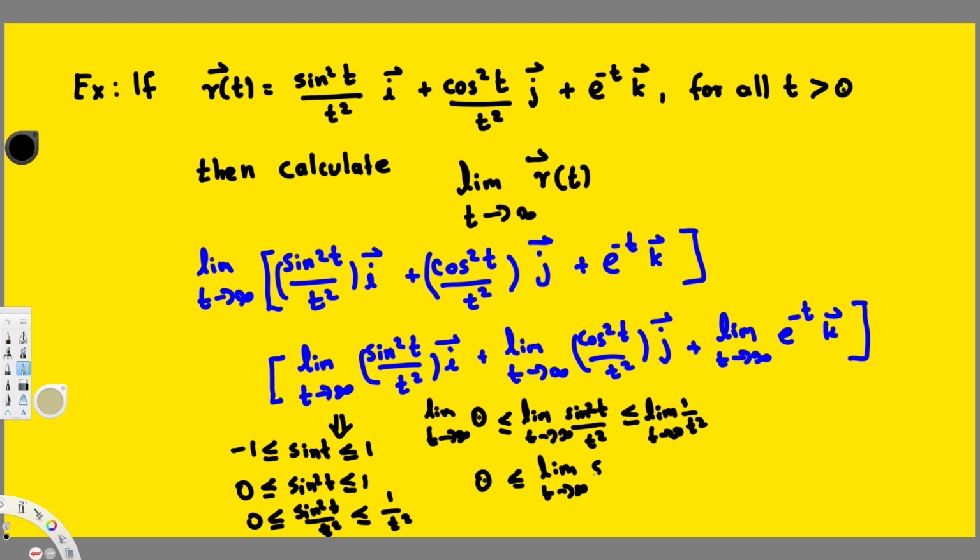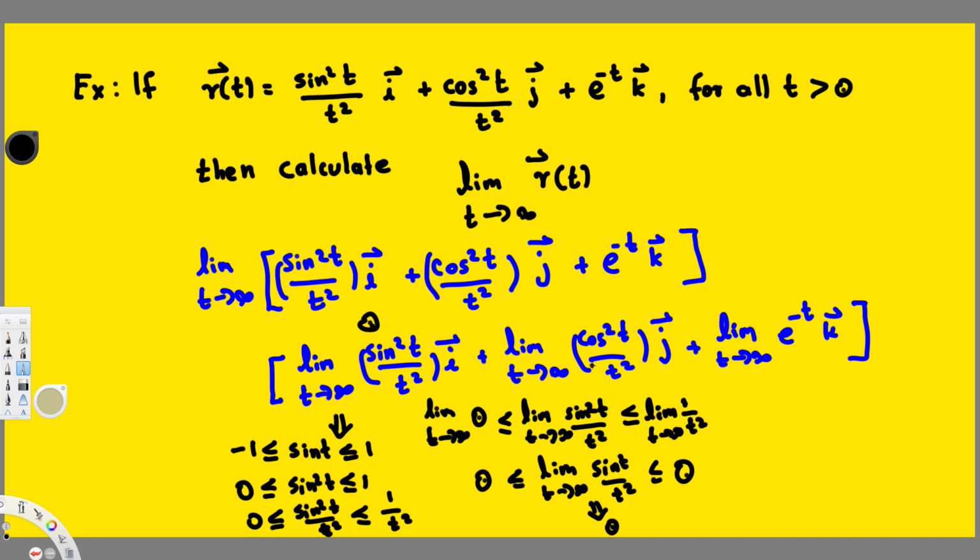If you substitute infinity for this t, that's going to make this one 1 over infinity. That's going to be definitely 0. So if this is squeezed between 0 and 0, this must also be 0. That's what the squeeze theorem says, right? So therefore we know that the first limit is going to be 0.